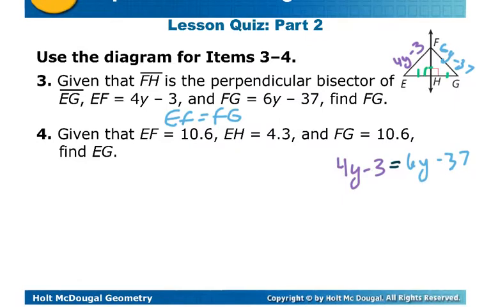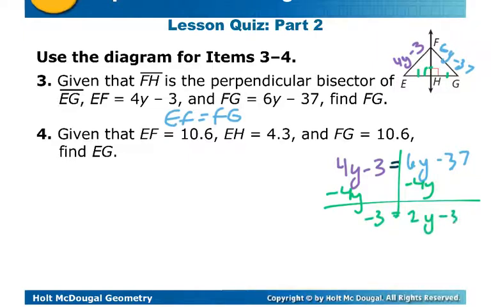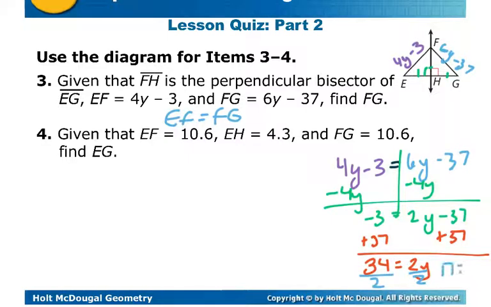So if we solve that, that means that I'd move maybe my y's over, and then my value number over. So we get 34 equals 2y, or if we divide by 2, we get 17 is our y value. Of course, that's not the answer because they want you to find FG, so we have to plug it back in.